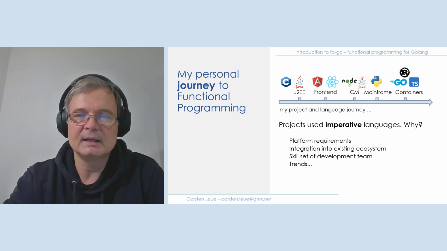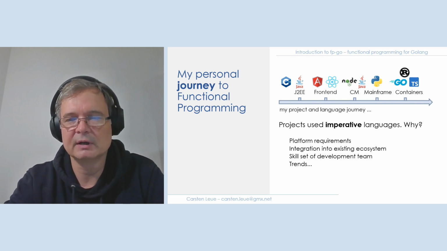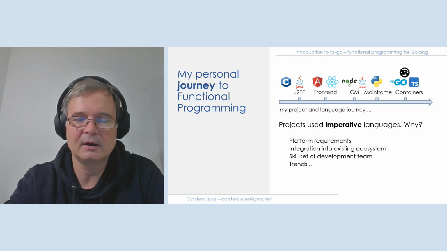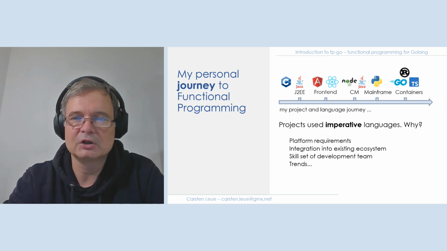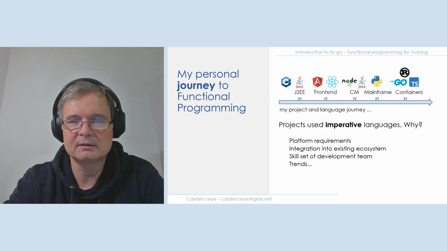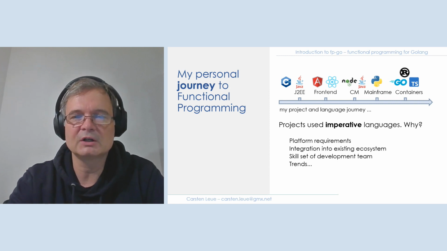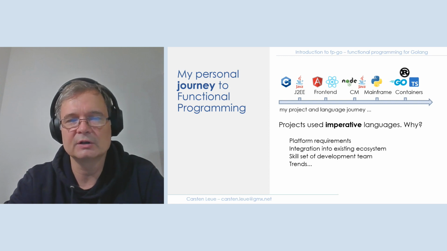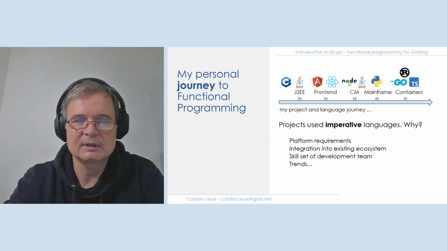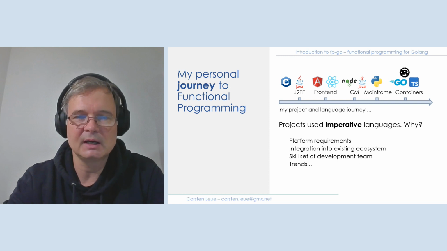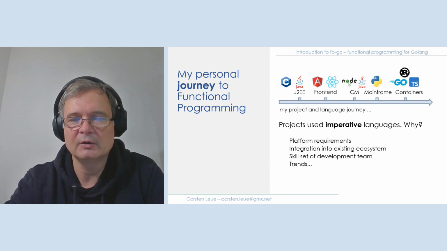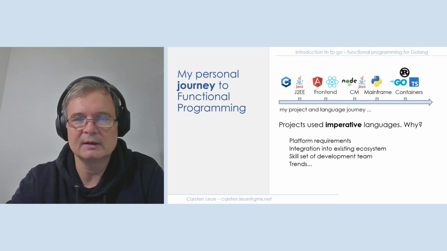You might have noticed that the languages of choice during my journey here are all imperative languages. So I've also thought about what the reason for the choice of languages actually was. And it turned out that in most cases, there were non-functional factors for the choice of language. Either it was a platform requirement, as in the J2EE case, where there was just no option to implement a portal server in a language other than Java.